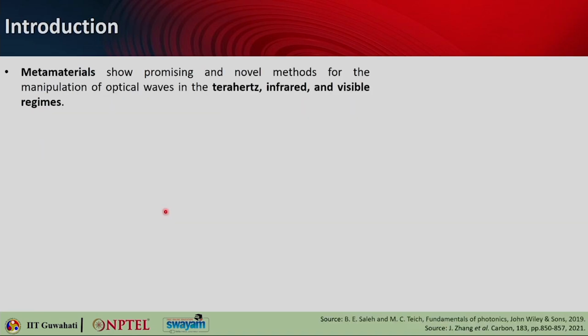First of all, we have seen metamaterials in our previous lectures, and we have seen that metamaterials show promising and novel methods for manipulating optical waves in the terahertz, visible and infrared spectrum. These metamaterials can be of different types that we have seen previously: double positive, single negative, and they can also give negative refractive index, negative epsilon near zero.